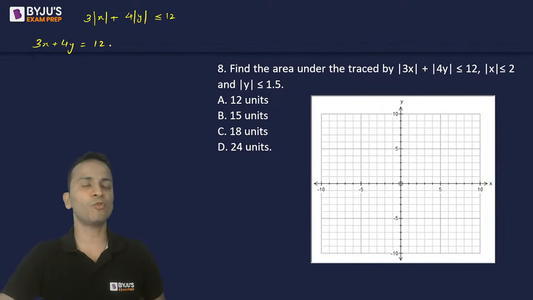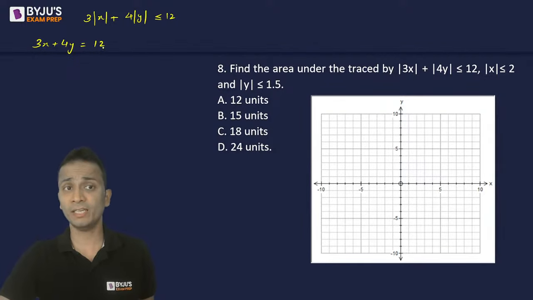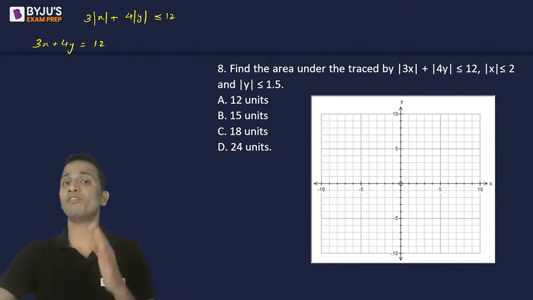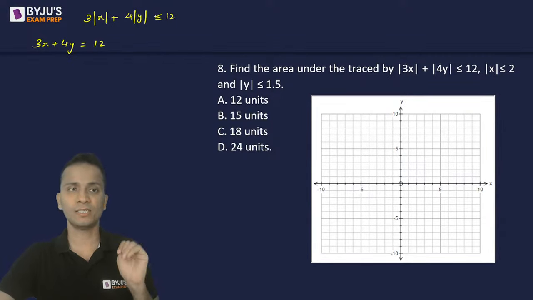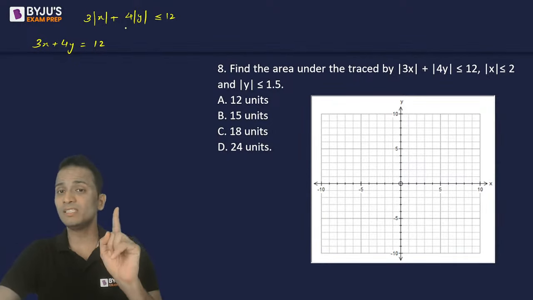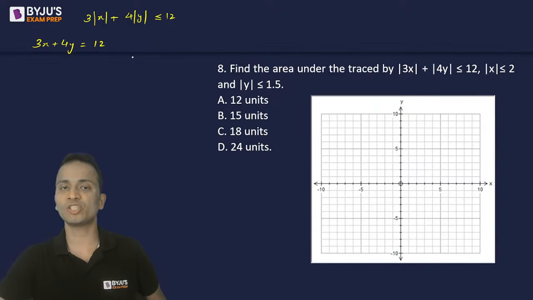So 3x plus 4y equal to 12 will be a straight line. So 3 modulus x plus 4 modulus y equal to 12 will be 4 different lines. Now 3x plus 4y equal to 12 will be the equation when both x and y are positive. That means this will give you the graph for the first quadrant.